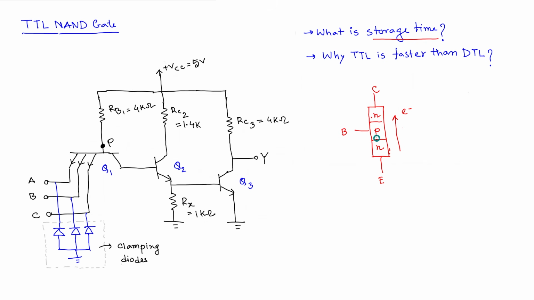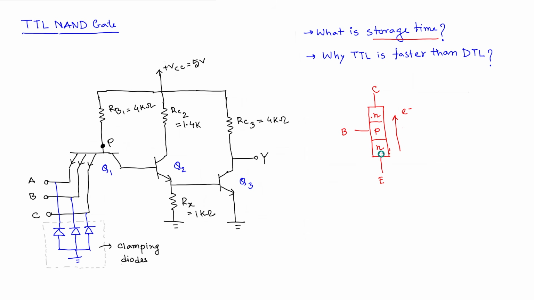So suppose you are in saturation and suddenly you turn off the base current. What happens? Some of the electrons get trapped in this P region, and as it is a hostile region, they cannot just move away. They have to diminish in some way, which happens through recombination.